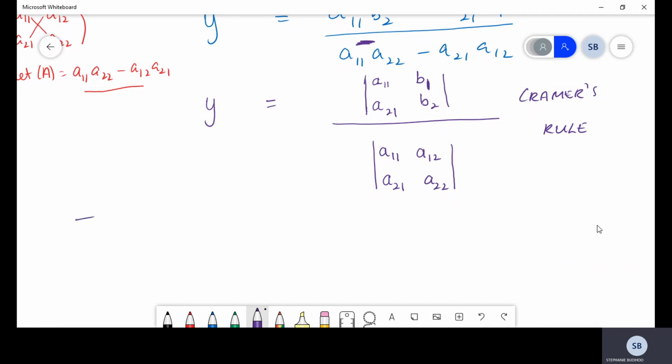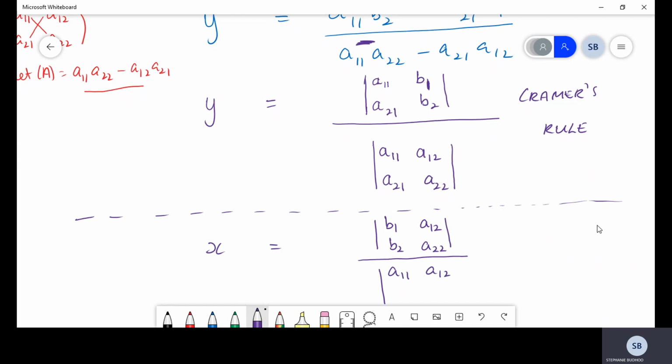If you were to perform the elimination method, you would also similarly be able to solve for x, where x looks like this. I'll just show you guys on screen. You can do the proof on your own, but x tends to look like this: B1, B2, and then you are left with a first row, second column, and a second row, second column, over the determinant of A11, A12, A21, and A22.